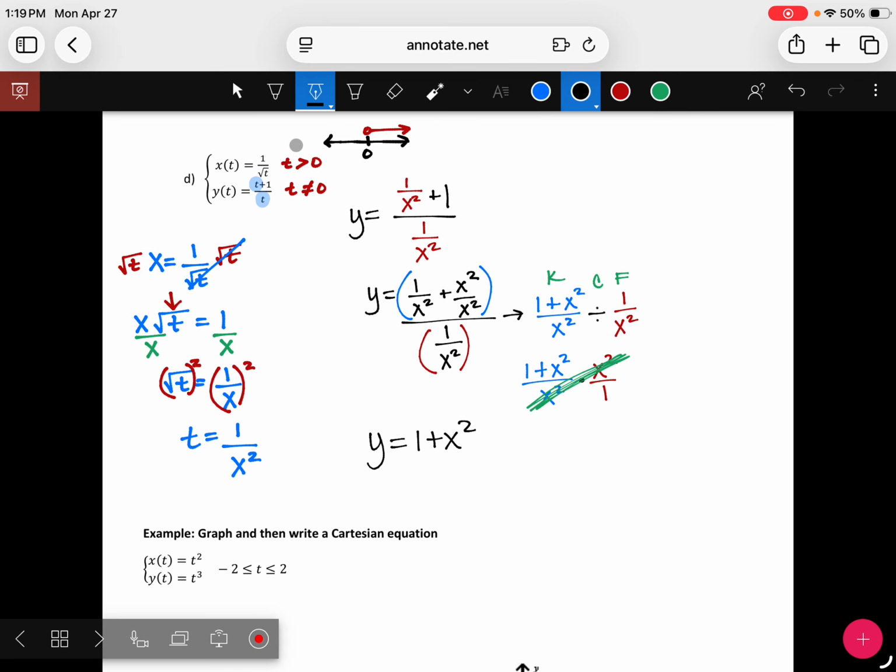My domain is 0, no bracket, to infinity. We cannot put a bracket because both of our parameters have a t in the denominator. So we can't divide it. And that would be your final answer.